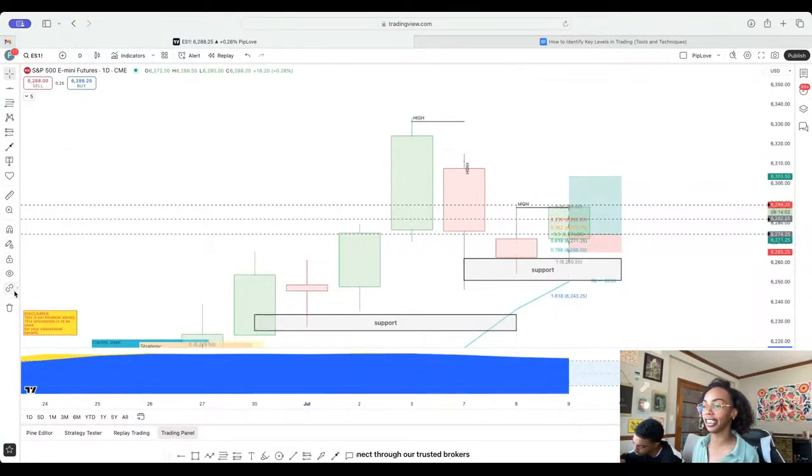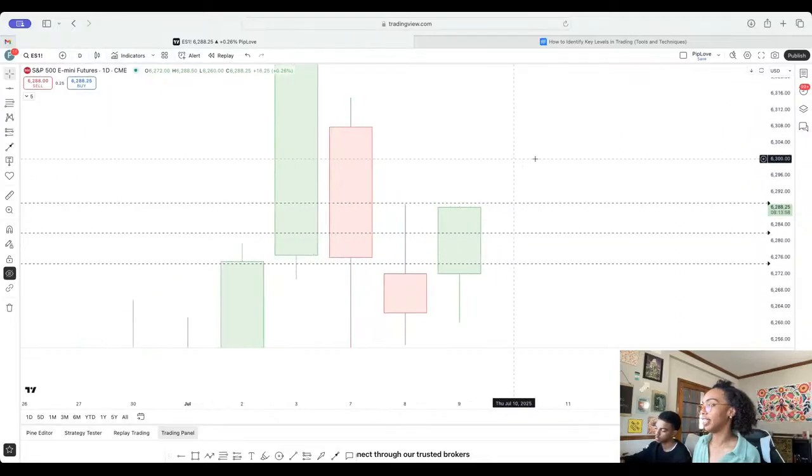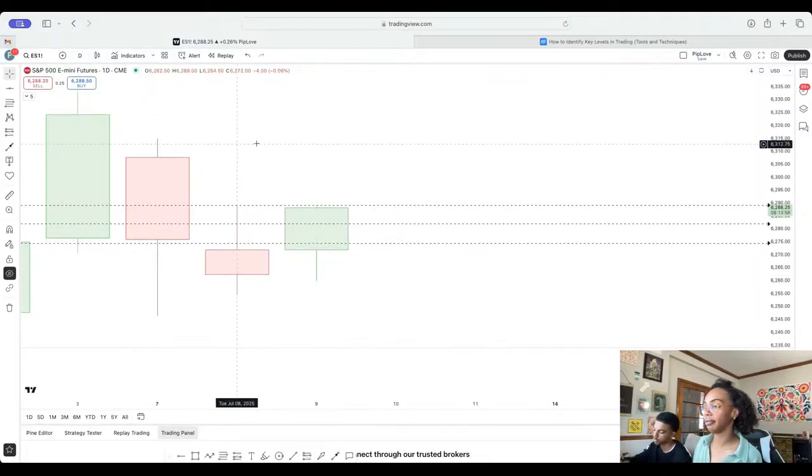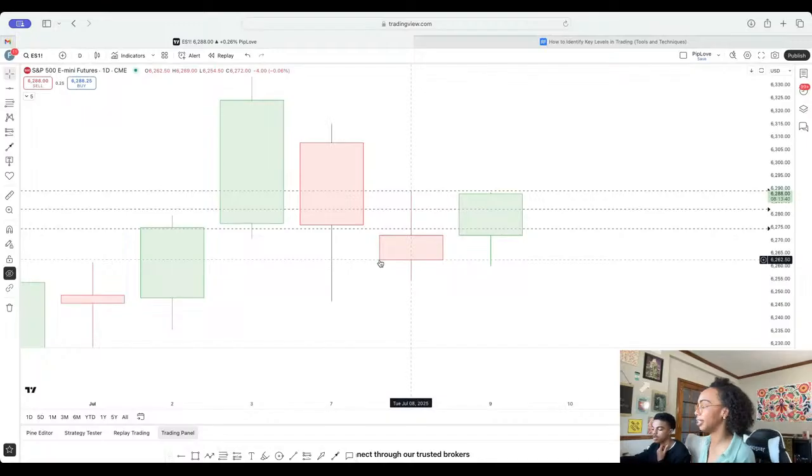Okay, so let's take a look at, in our scenario here, previous day lows and highs. Yesterday, the market opened, we had a little gap here. Sheesh. Market opened at 62.70. Let's just say, I'm just going to be basic. It closed at 62.62.